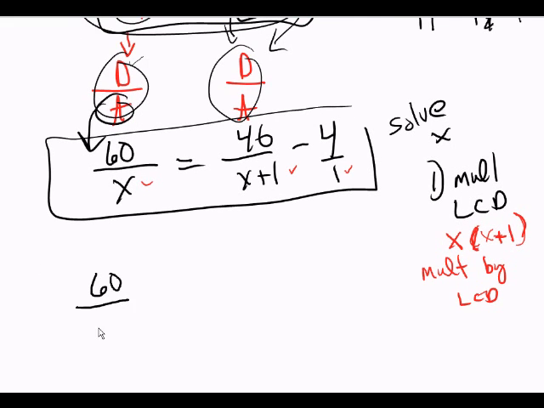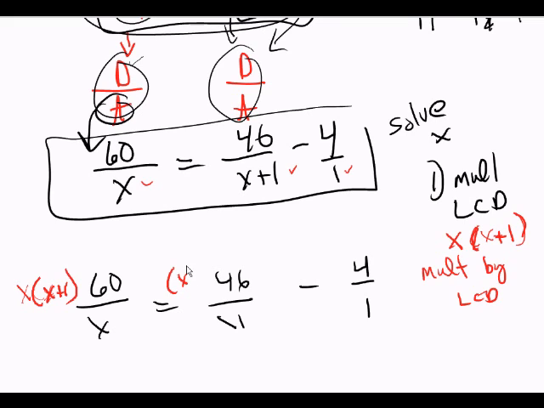And I apologize, it's really late. 60 over x equals 46 over x plus 1 minus 4 over 1. I hate to jinx myself, but I think everything's working okay. You have to multiply everything by the LCD, and the LCD is x times x plus 1.